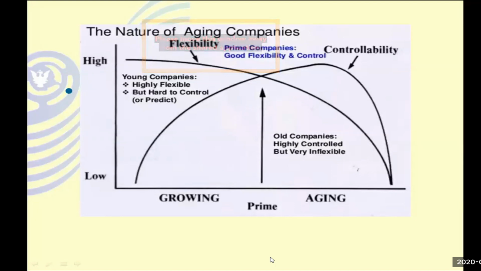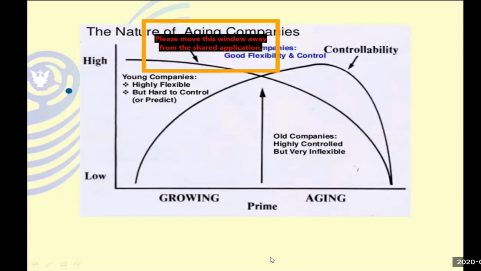But as the farm grows, going to aging, flexibility is easy. But as it goes to the final stage, you find controlling becomes hard. Controlling big organizations that have been there for a period of time, of course, because of politics, because of culture, becomes hard.